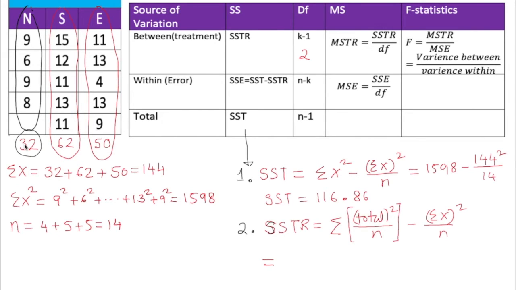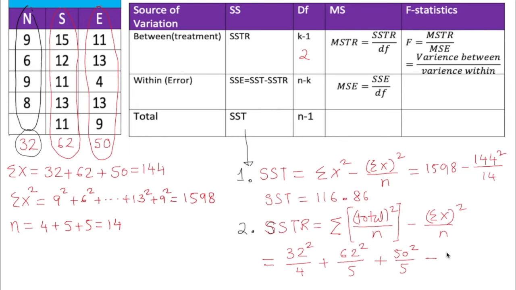So I'm going to say 32 square over 4 plus 62 square over 5. In other words, I'm getting this 32, I'm going to square it, over 4, the sample size, 62 square over 5 plus 50 square over 5 minus sum of x, which is 144.